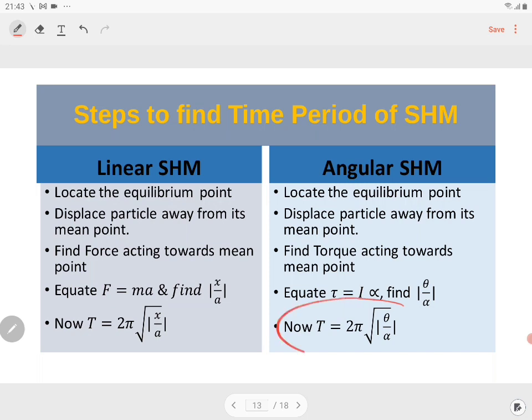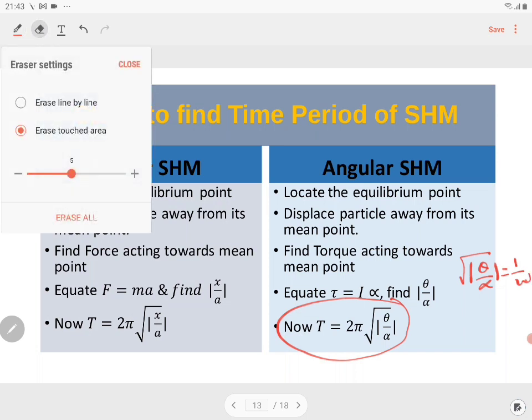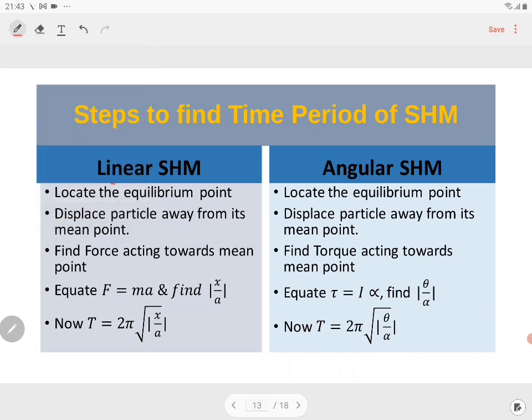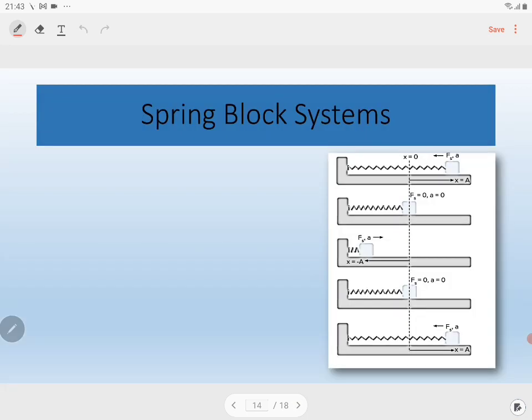Now the time period is given by 2 pi root over modulus of theta by alpha. Here root over modulus of theta by alpha is 1 by omega. So these are the steps to be followed to find the time period of linear SHM and angular SHM. Once we understand that, we go to spring block systems.